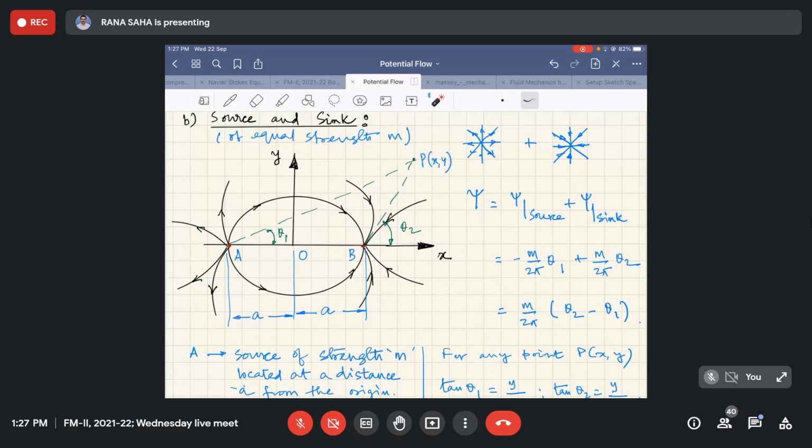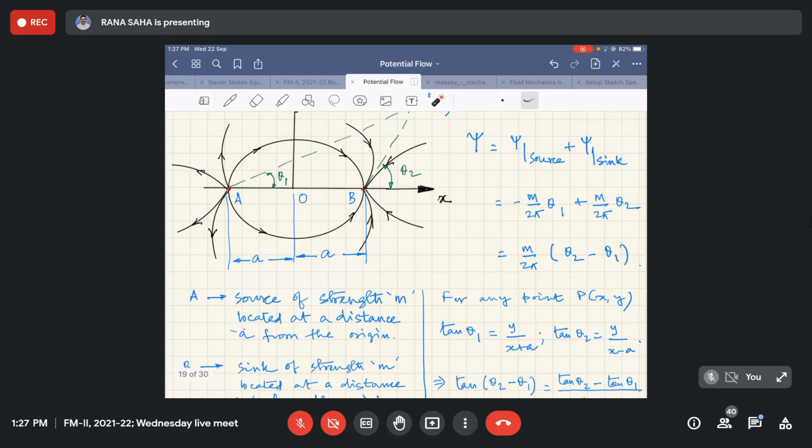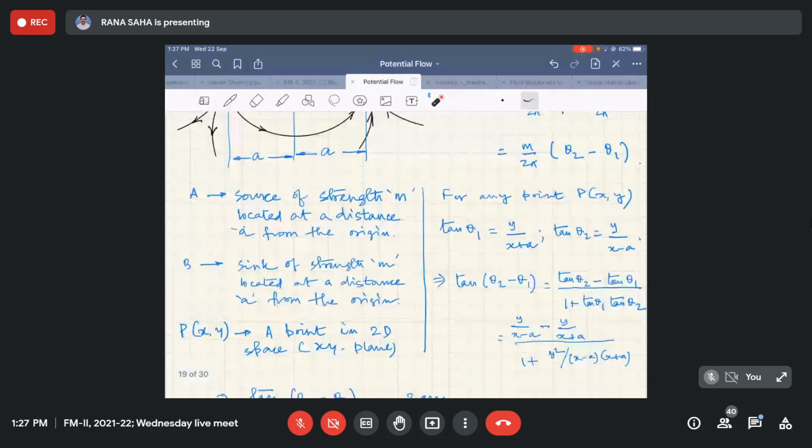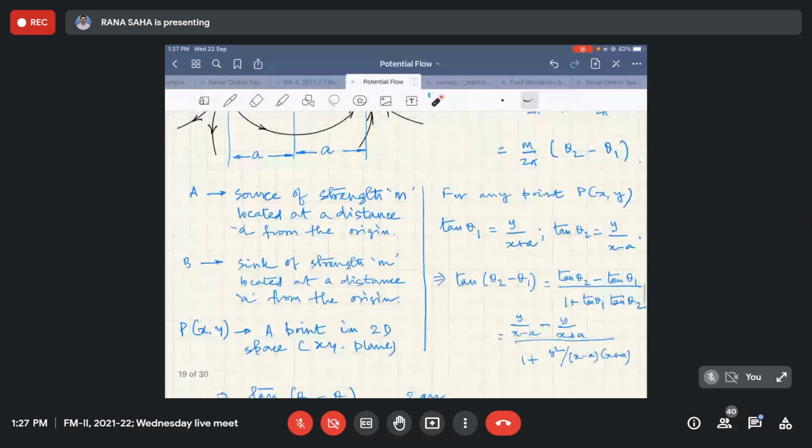It is the same exercise. Again, as I said, there are very frequent transfers from one coordinate frame to another. We have to live with it while doing this potential flow analysis.